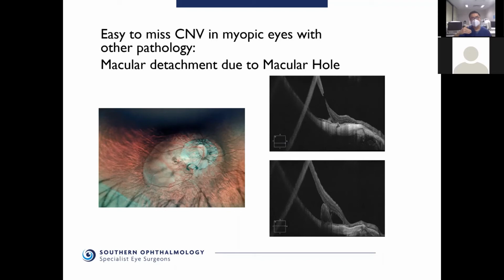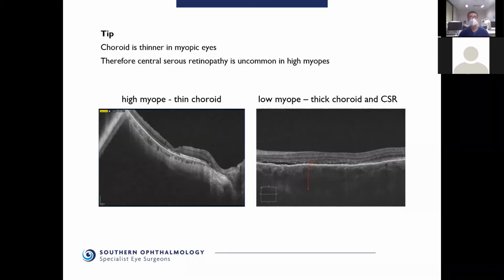But if you scroll through the other cuts or B scans of the macula in the cube, you'll actually see this, which is choroidal neovascularization. So be aware, look through all your B scan cuts if you did a cube of scans, because CNV in myopic eyes can be easily missed if there's associated other pathology.